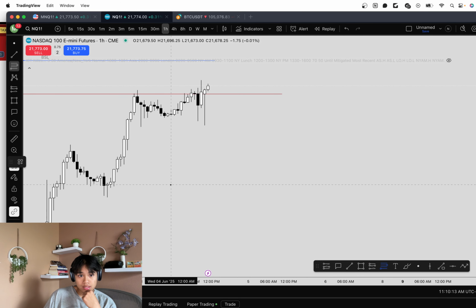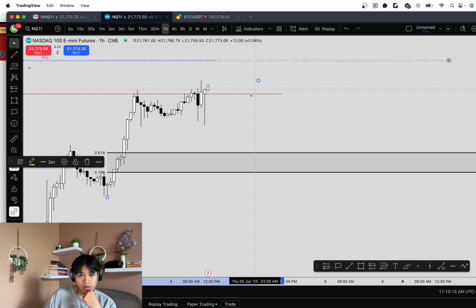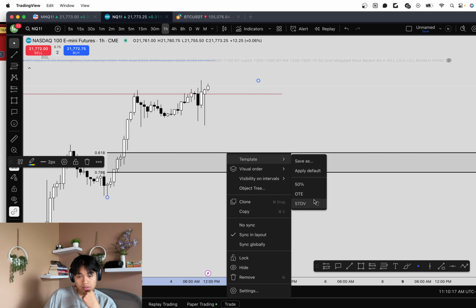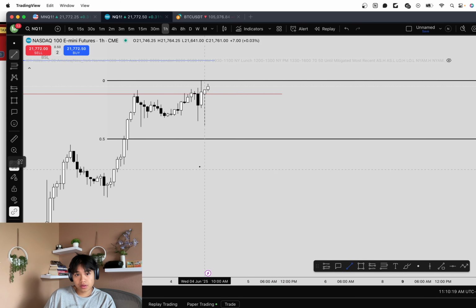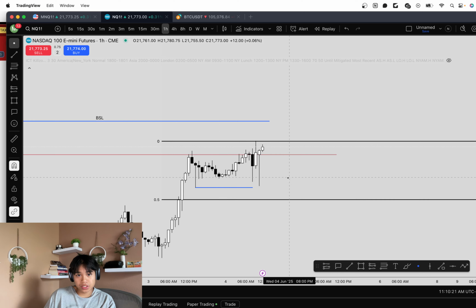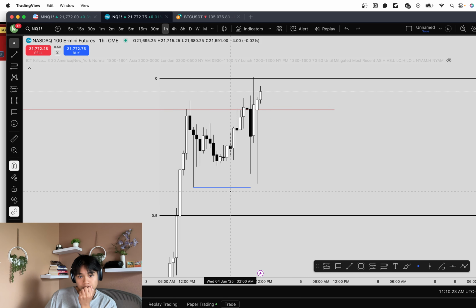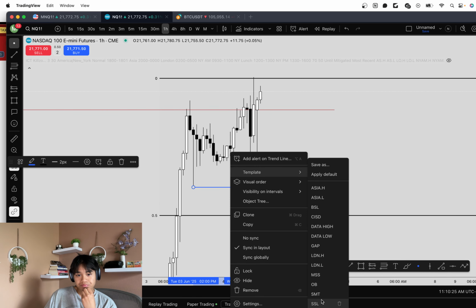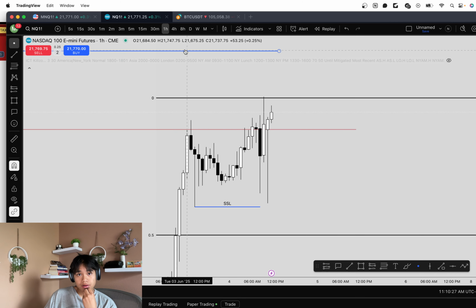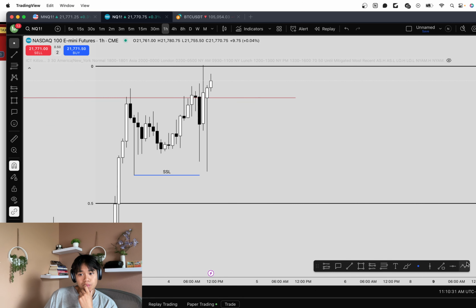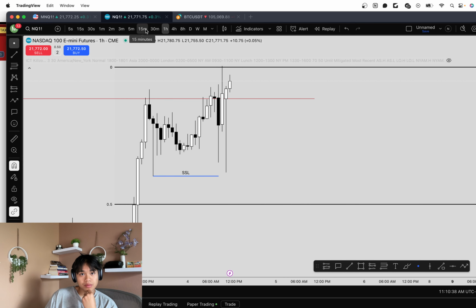And then we had this isolated unprotected low as well right here, which you can see was never swept, which is kind of weird. So I was like, huh, okay. I want to see longs, but ideally I want to see us sweep this low and then go back up. All right, so that was kind of my thought process.